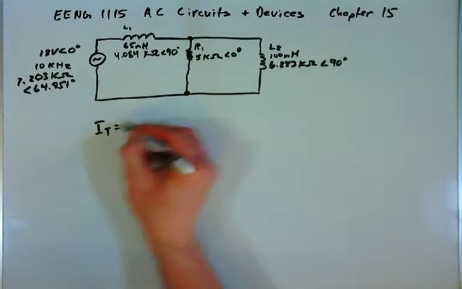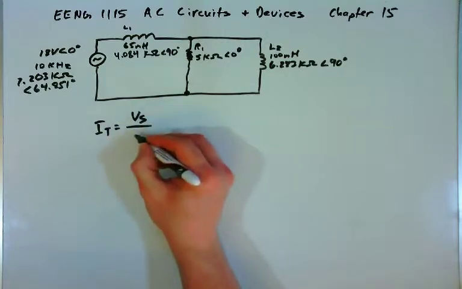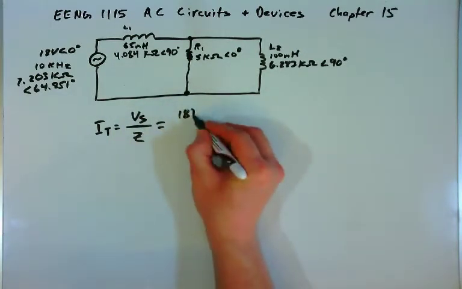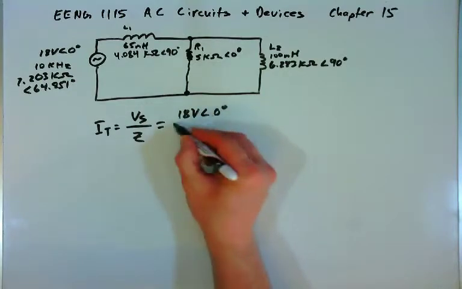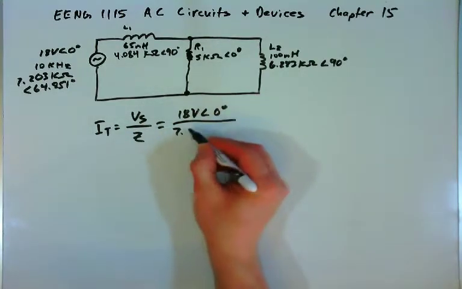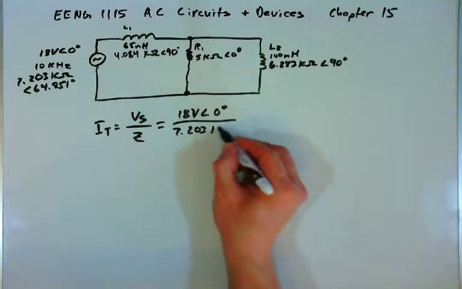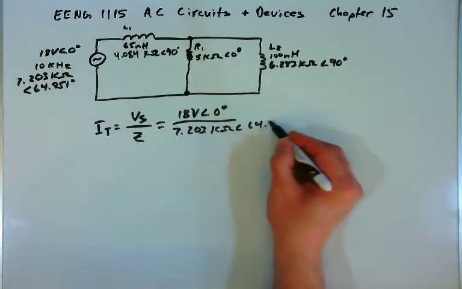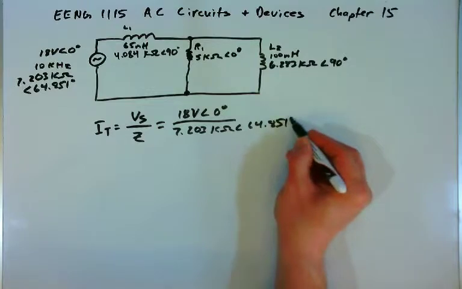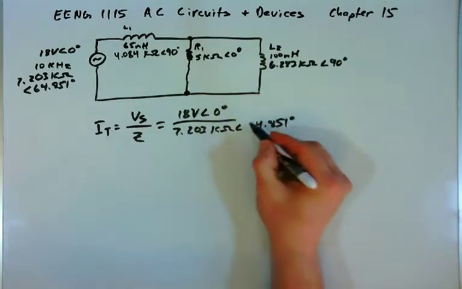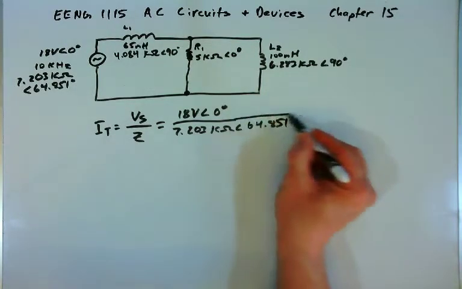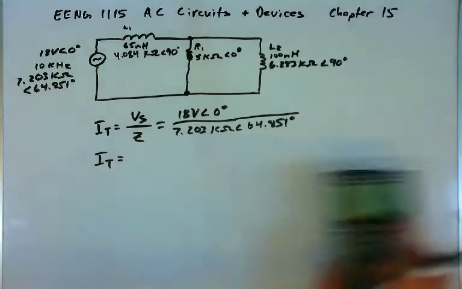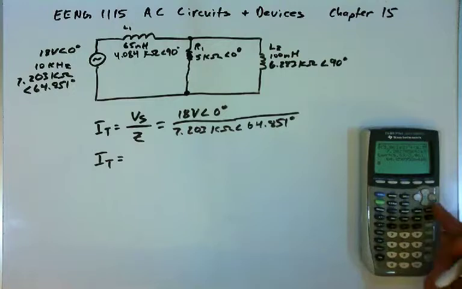The total current will be the source voltage divided by the impedance. Source voltage is 18 volts at 0 degrees. Total impedance is 7.203 kilo ohms at an angle of 64.851 degrees. So the total current will be, we will divide the magnitudes.